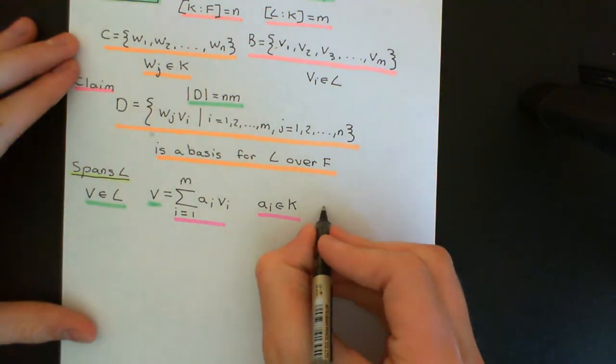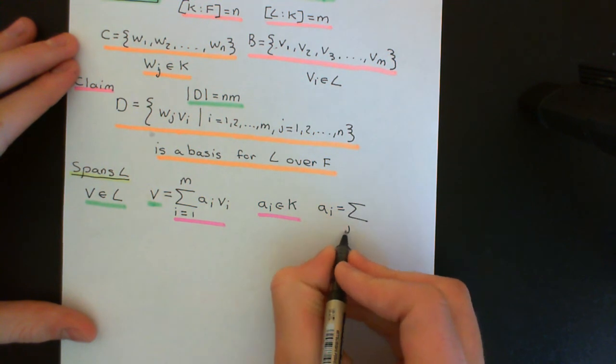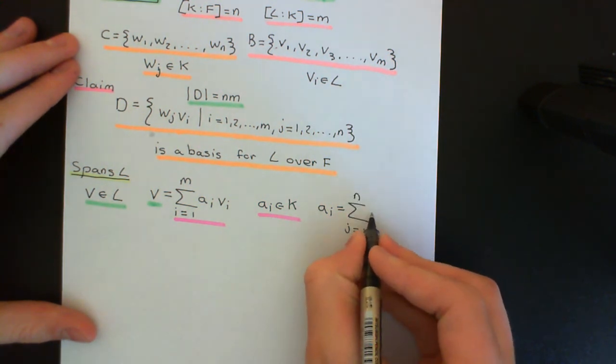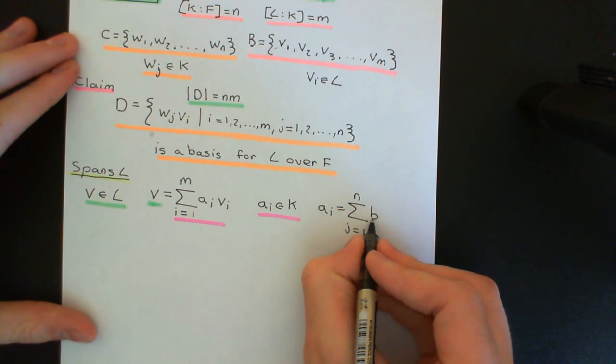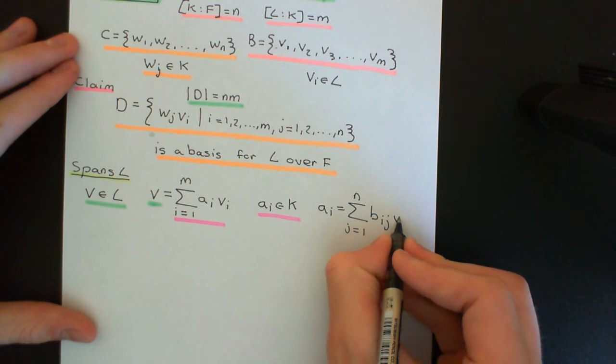So now I can write the a_i's as linear combinations. So the sum from j equal to 1 this time to n of, and now I'll need coefficients with a double index, so I'll call these b_ij, of the w_j's.